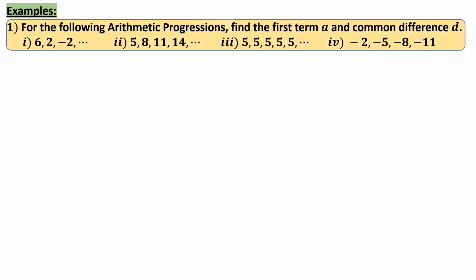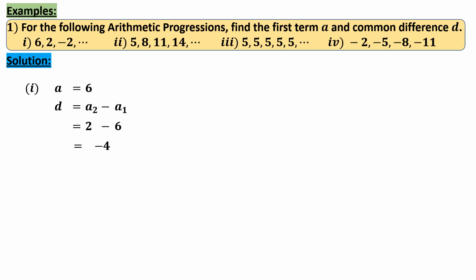First one, for the following arithmetic progressions, find the first term a and common difference d. There are as many as 4 sub-questions here. Let us take the first one. Here a is 6, d is a2 minus a1 equals 2 minus 6 equals minus 4. d is negative here.